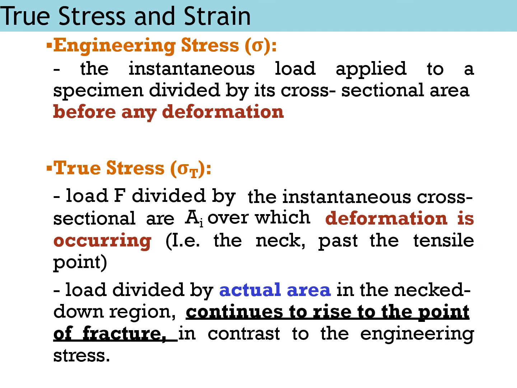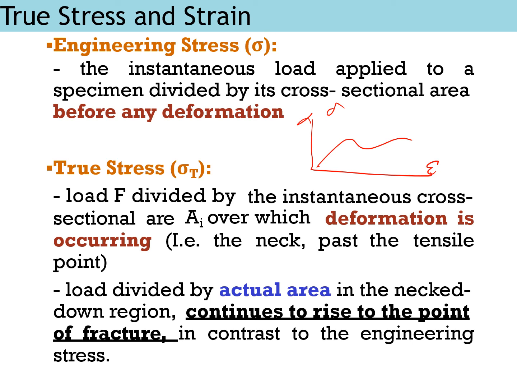Now we move to the true stress and strain. The typical stress-strain curve for a ductile material is obtained by performing the tensile test, like this, but this is only an approximation.